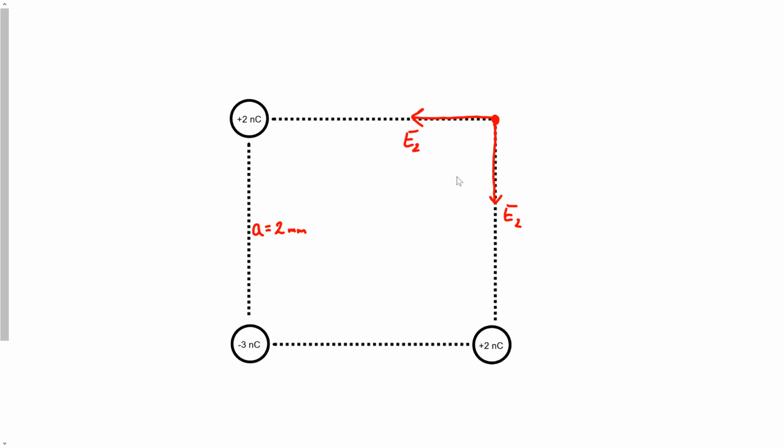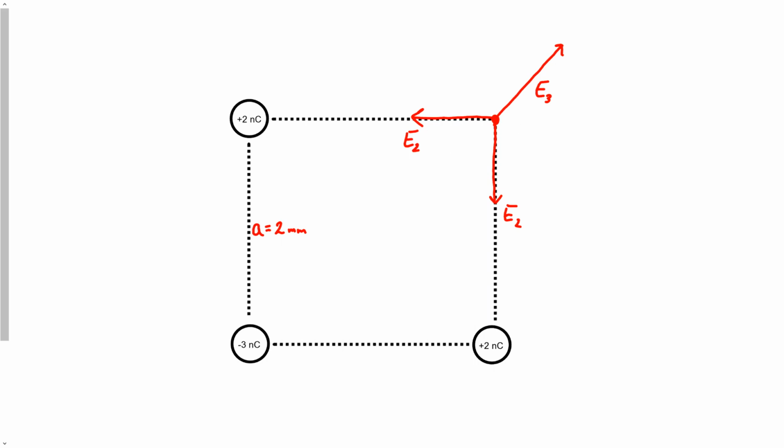They're just in different directions. Then this is a -3 nanocoulomb charge, and what's neat about the -3 charge is that field lines run away from negative particles. We'll just call this E. You may be wondering, why don't you call it E-3? Well, I really don't have to. I could call them EA, EB, and EC for that matter.